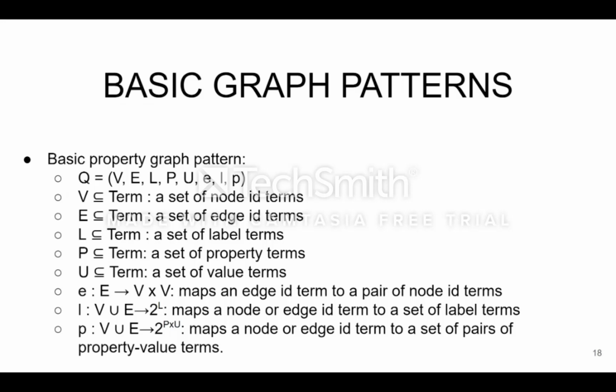E maps an edge ID term to a pair of node ID terms. L maps a node or edge ID term to a set of label terms. P maps a node or edge ID term to a set of pairs of property-value terms.